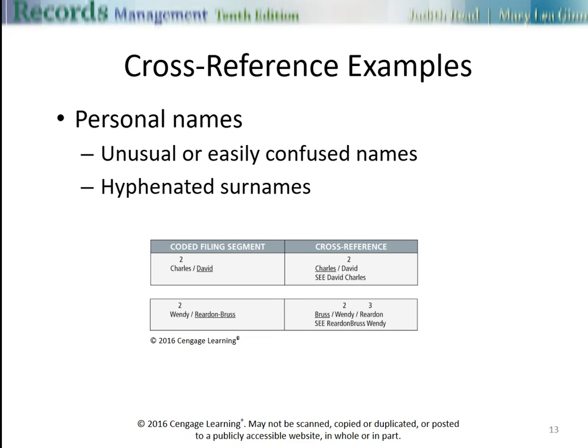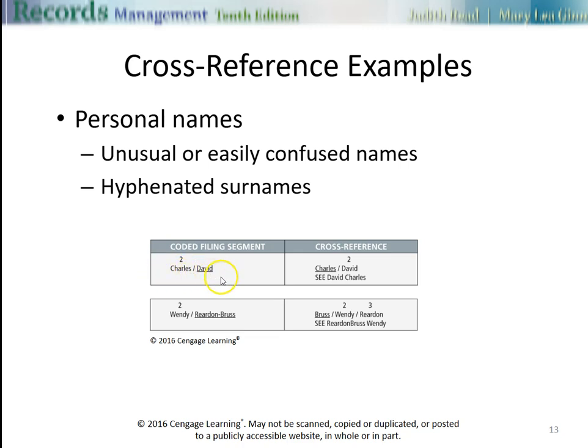So let's take a look at the first cross-reference rule. So first, you might create cross-references for personal names that are easily confused. And this is especially true for people with last names that could also be first names. So let's take a look at this first example where we have Charles David.